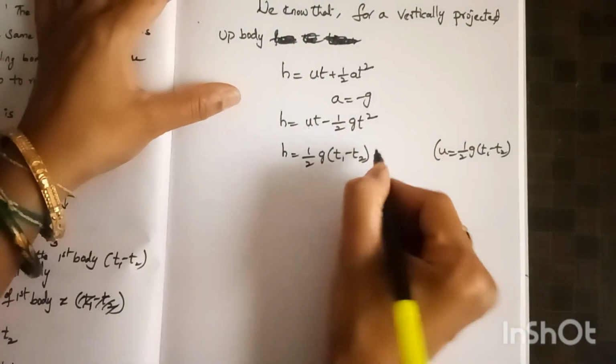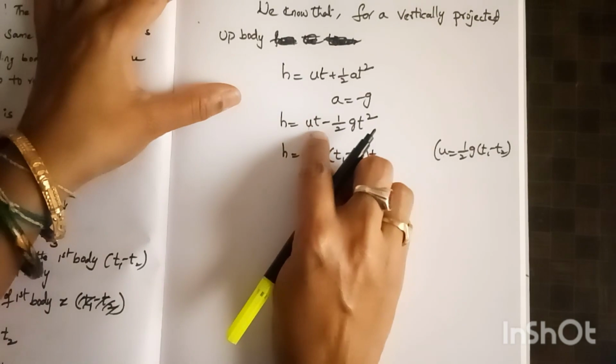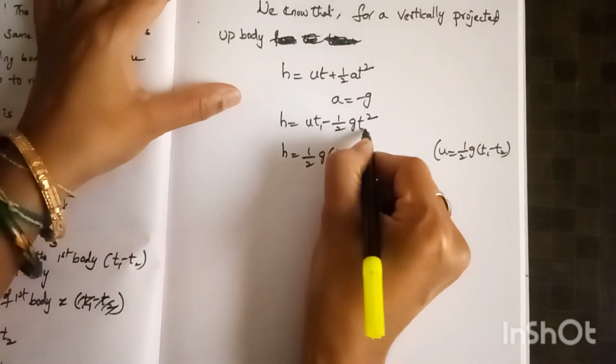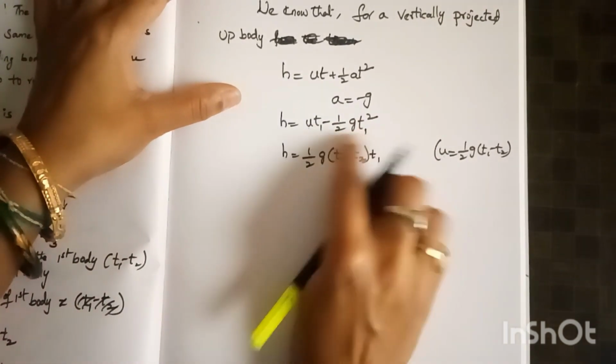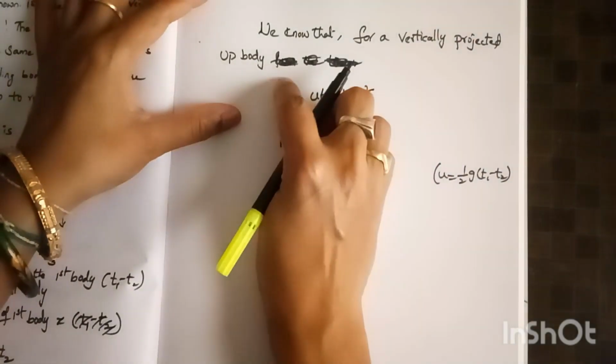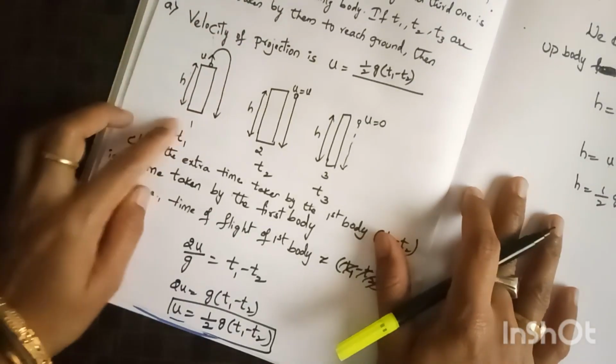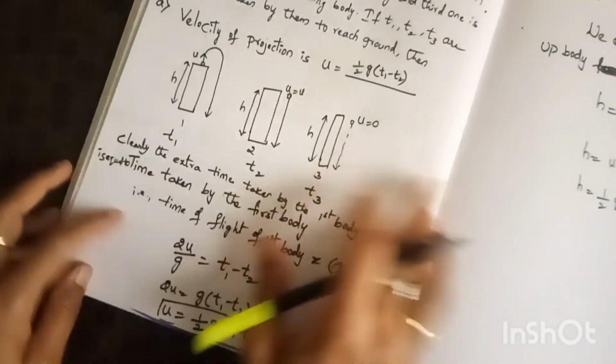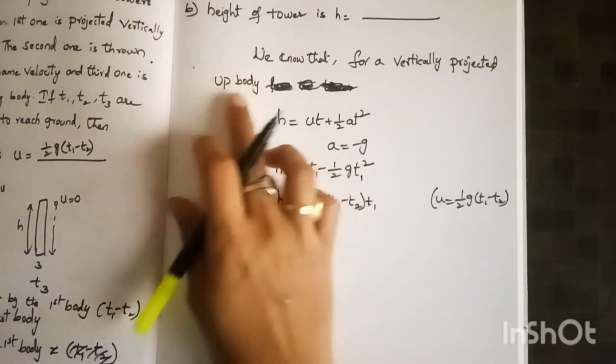into t1. Why am I taking t1 here? Because the vertically projected up body is only the first body. So I am taking the time as t1.